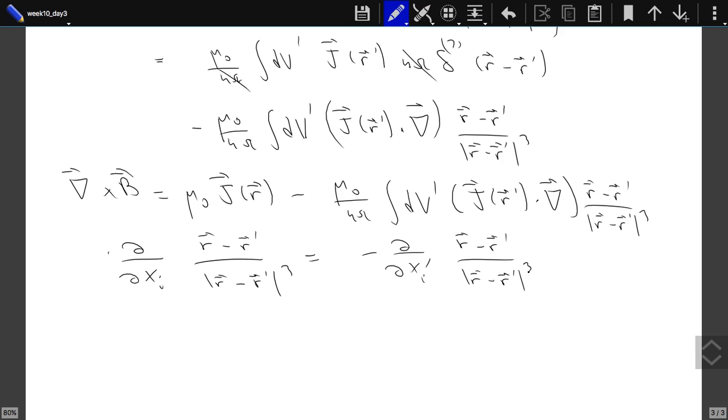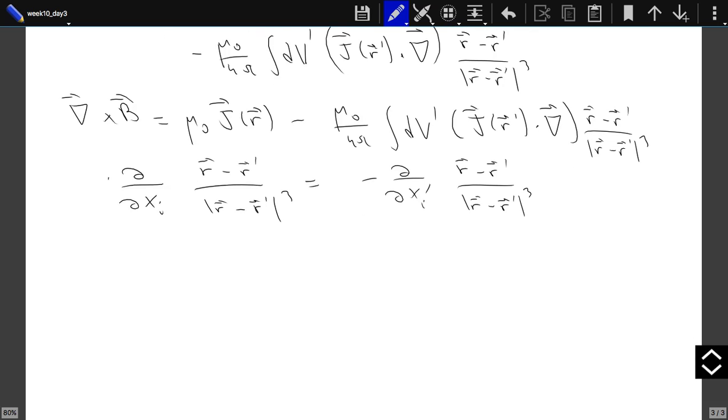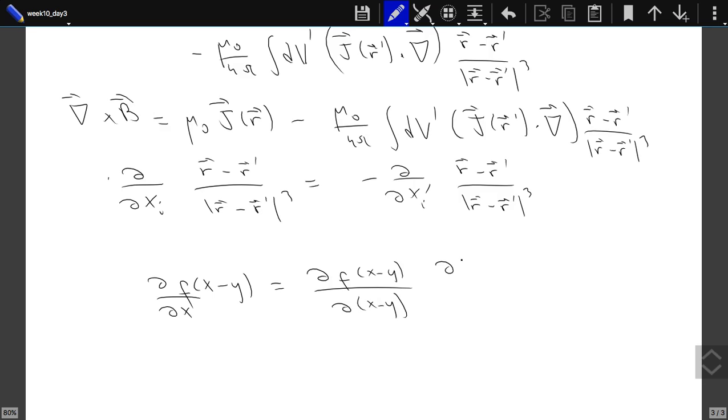Now, why can I do that? Let's look at a simple one. Here I have a function of many variables, so for simplicity, let's just look at a function of a single variable. Let's assume we have a function f that depends on the difference x minus y. And let us take the derivative of this function with respect to x, not to y. This is nothing but the derivative of f with respect to x minus y times the derivative of x minus y with respect to x.